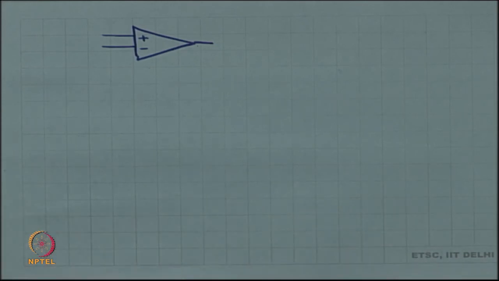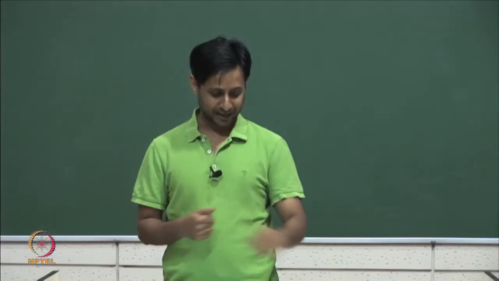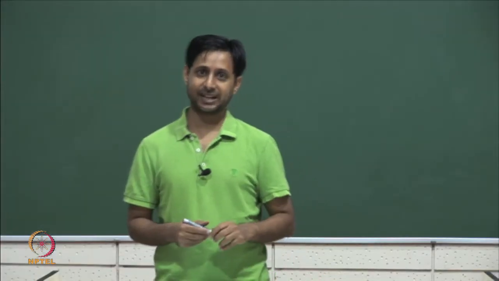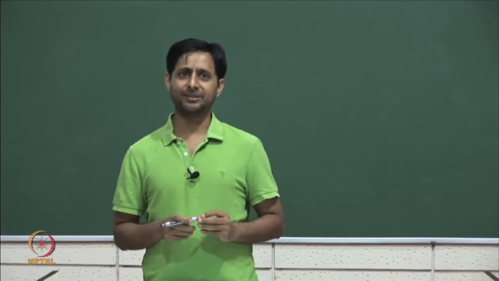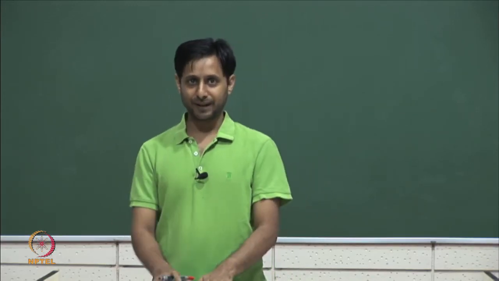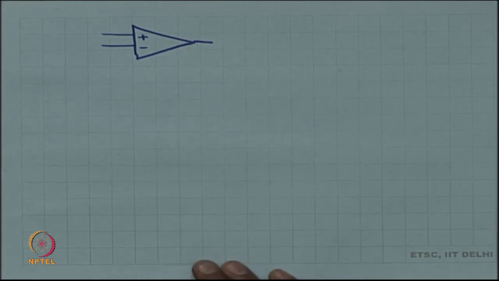How are we going to increase the gain of this circuit? There are two ways, one is cascade, the other is cascode, right. We studied long back, one cascade, the other cascode. The cascade is rather straightforward, you just put two diff amps one after the other.